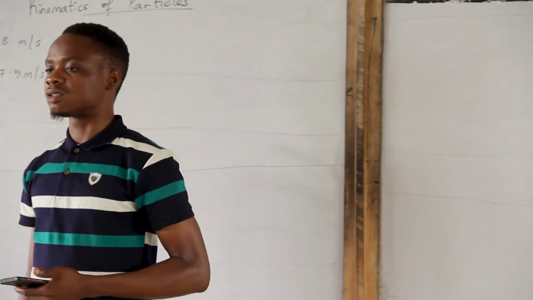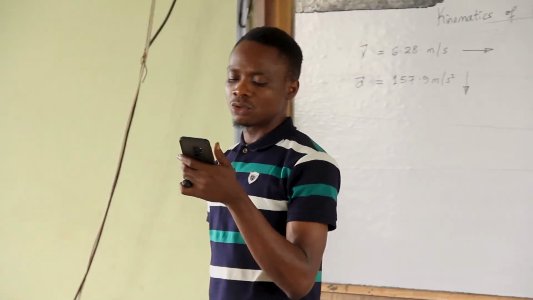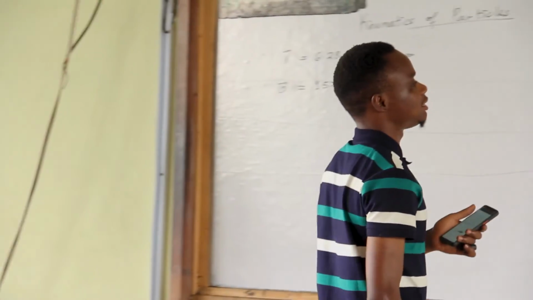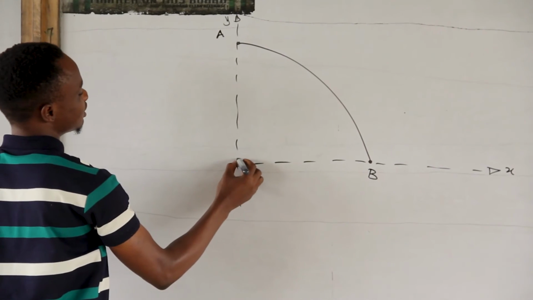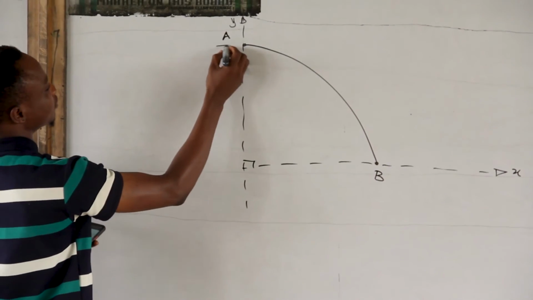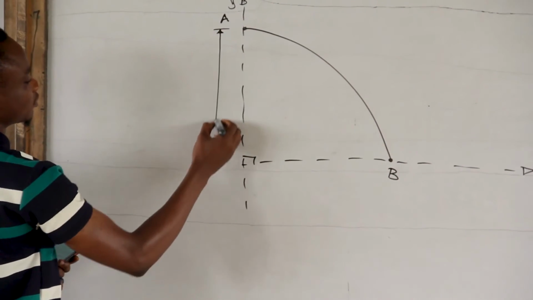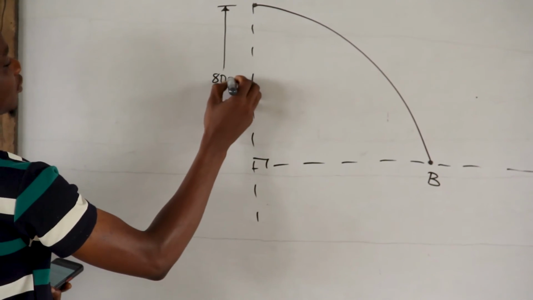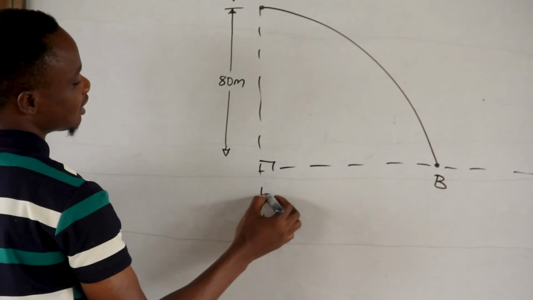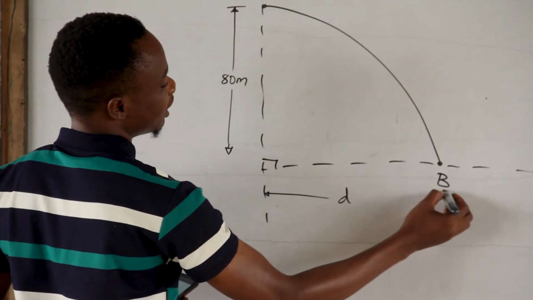Pay attention. This height has been given to me as 80 meters, and this distance has been given as d. You want to find out what distance.